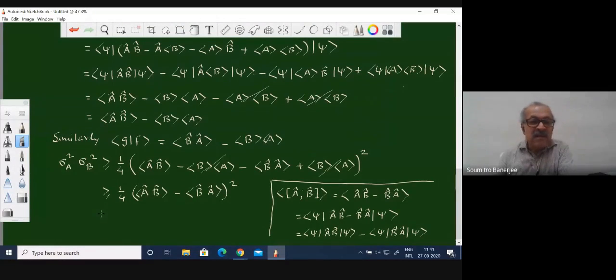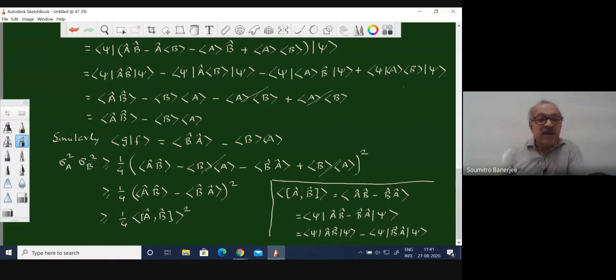So we can write 1/4, it is bracket A comma B, its commutator. The square was there. Square. Okay. Great. We are done.